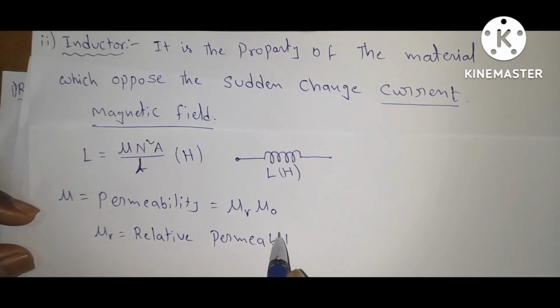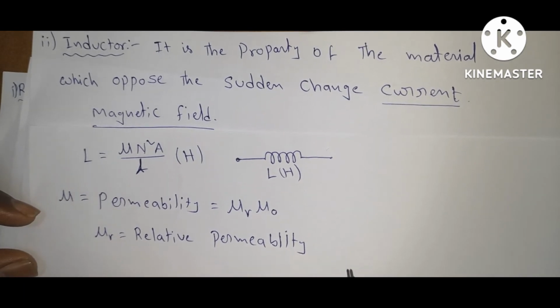Relative permeability depends on the type of the material. And mu naught is the permeability of free space.